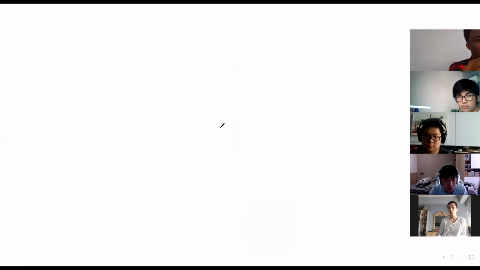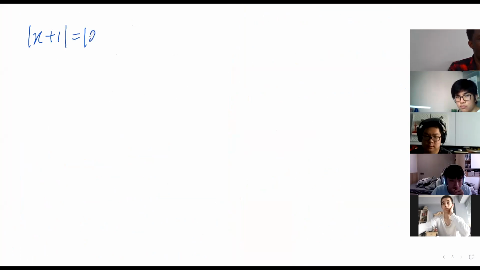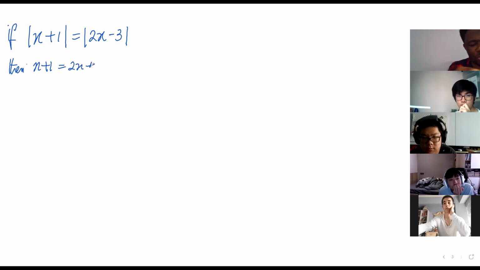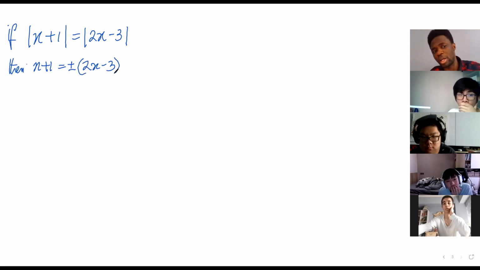the question is absolute value of x plus 1 is absolute value of 2x minus 3. So one method is to say that if this happens, then x plus 1 must be either 2x minus 3, or it could be the negative version of it, because all the absolute value does is remove the negative sign.